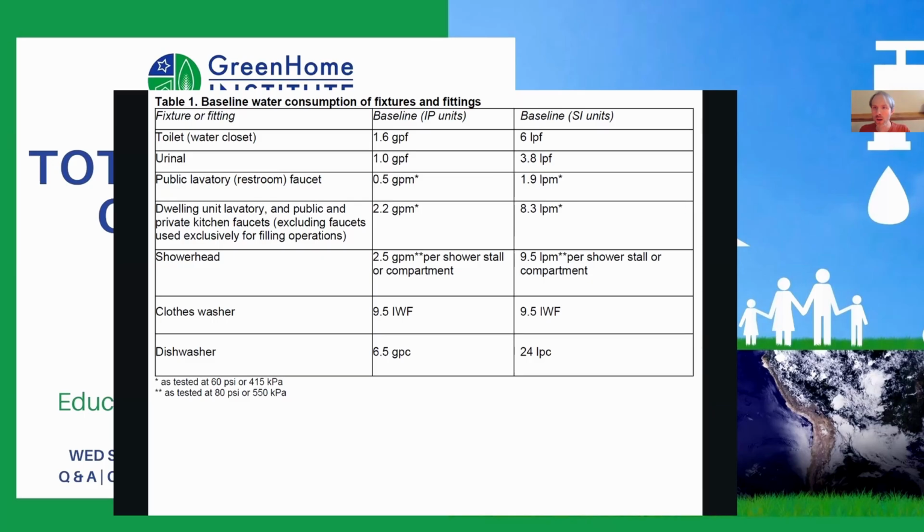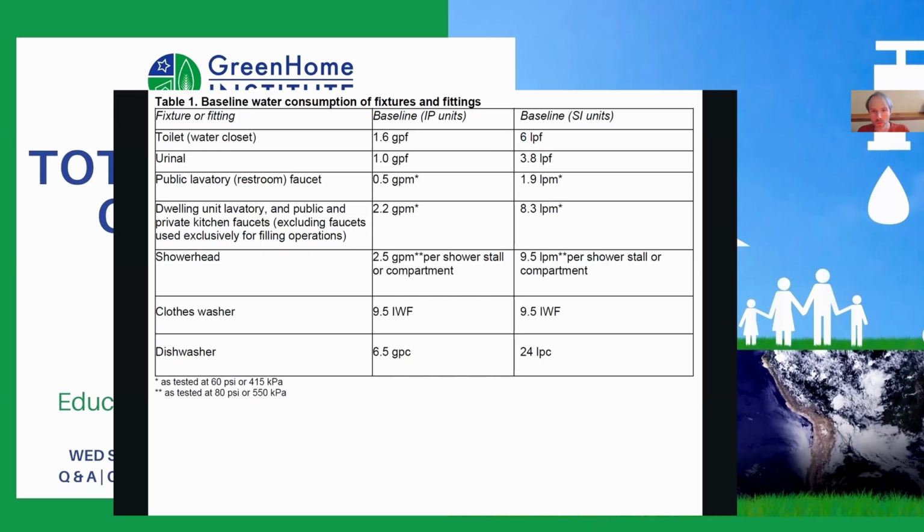Now, the first thing to do is to understand the baseline water usage of each device as far as the efficiency starting point. Each device listed has an assumption of the worst or typical code performing device. And if you select more efficient devices for your project, then for each of these items you will get water savings based on those assumptions.